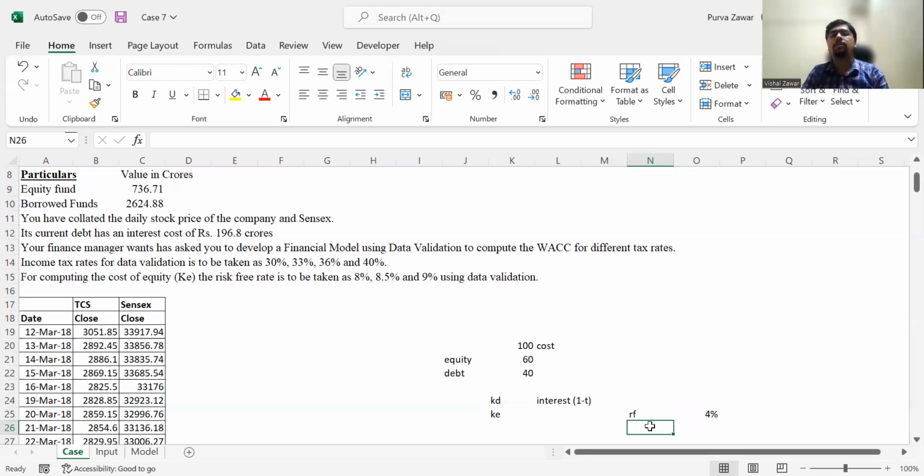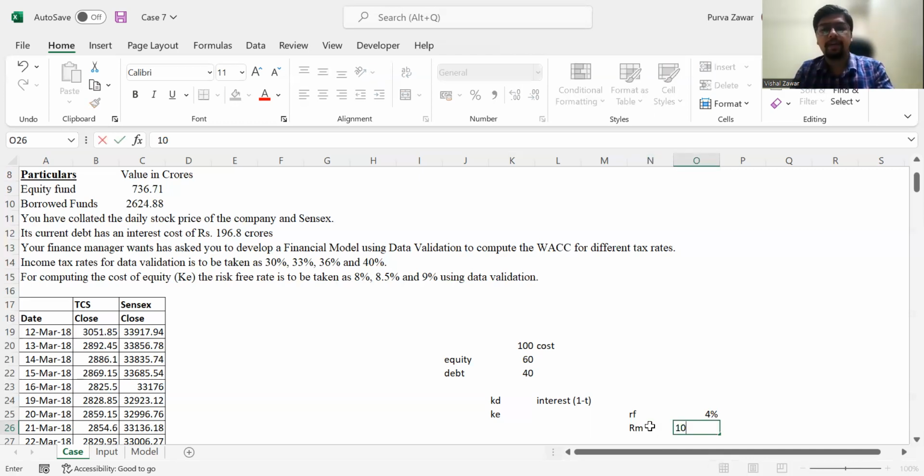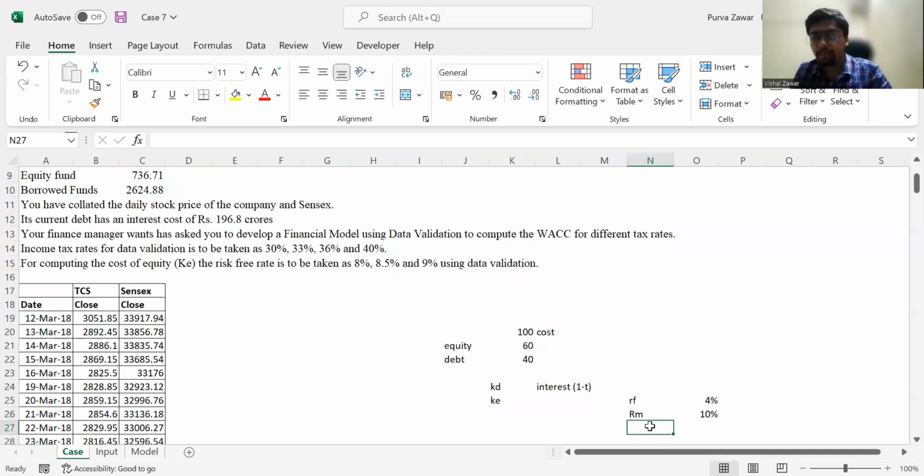Second option, what the investors could do is they could invest in the market. And say, for example, market is giving 10% return.